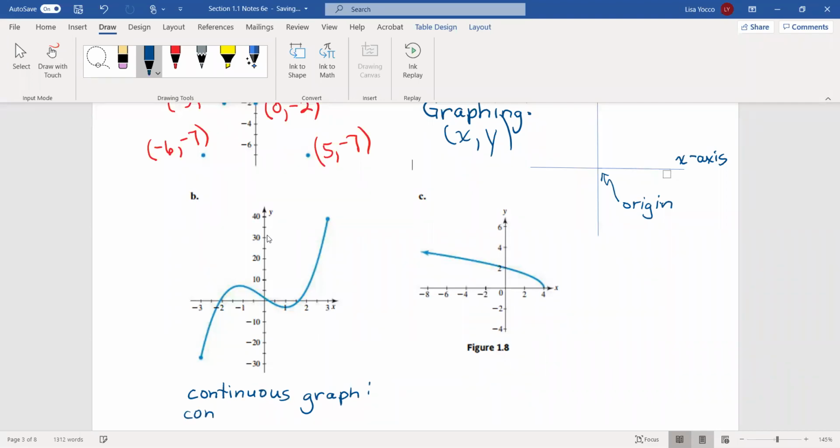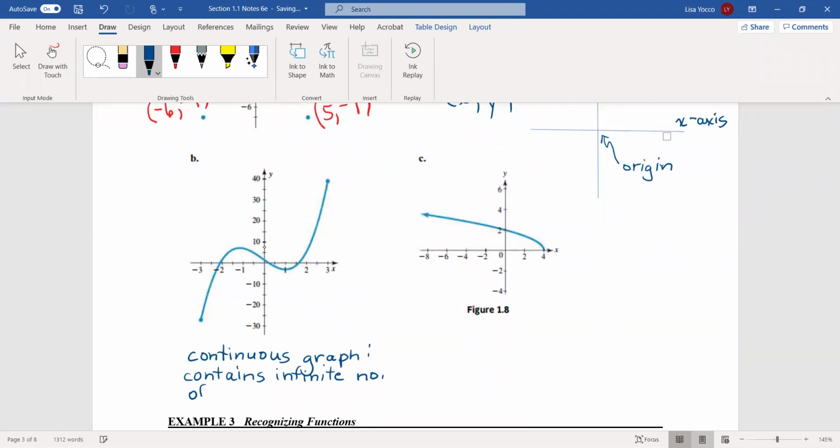And in actuality, this contains an infinite number of points. Seems a little strange to think about, but that's true, okay? It's kind of an abstract idea, but it has an infinite number of points. It does have a specific starting point and stopping point. And that's B, right? B is the continuous graph.